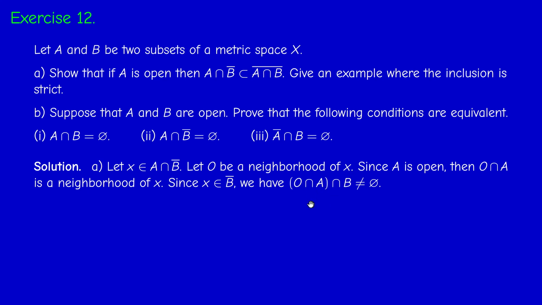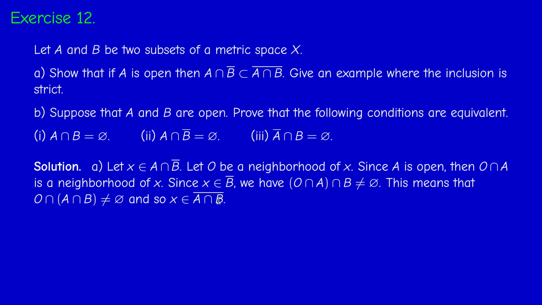Now, how can I rewrite that? By the associativity of the intersection, I can write that as O intersected with the intersection of A and B. But O was arbitrary. So every neighborhood of X meets A intersected with B. So by proposition 1.8, again, X is in the closure of A intersected with B.